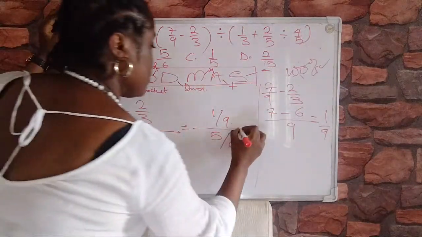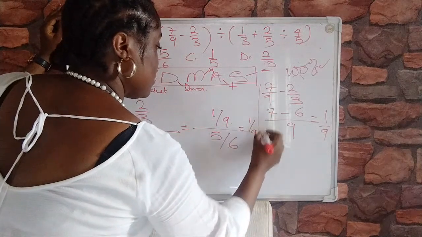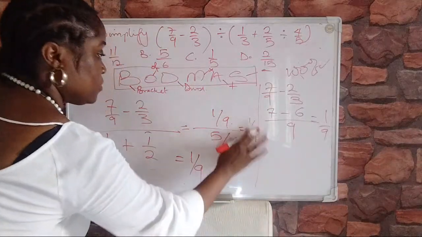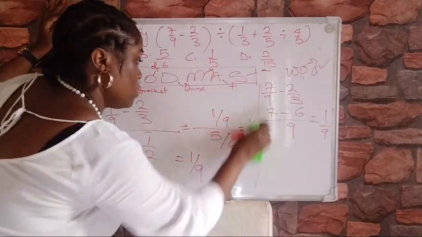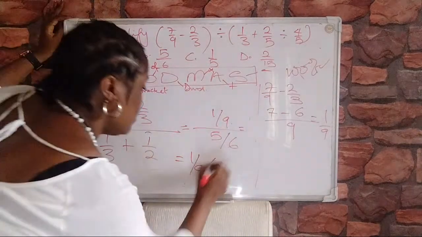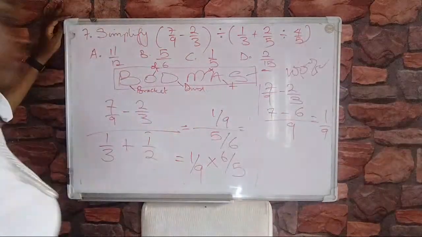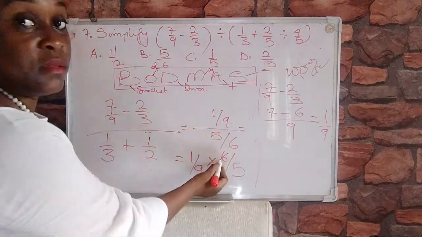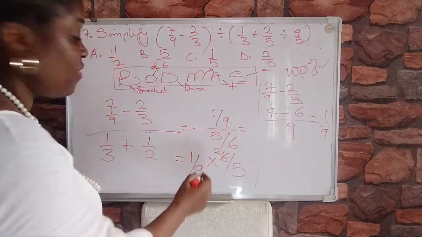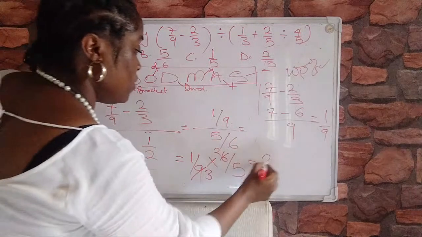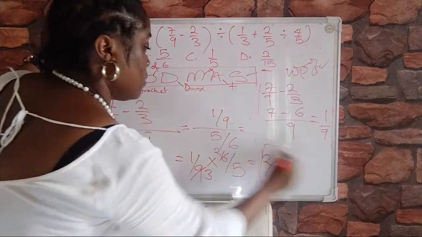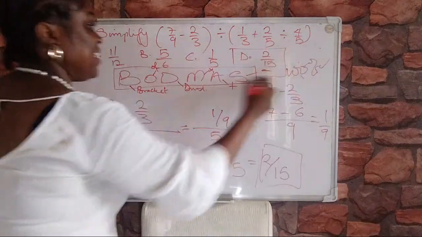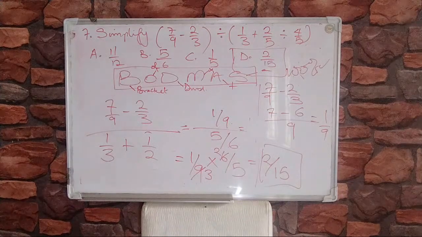So we have 1 over 9 times 6 over 5. Are we good? So what can go in here? 3. 3 divides 6 2 times. 3 divides 9 3 times. So our answer is 2 over 15. Hooray! I can find the answer there. The answer is D. Wow.